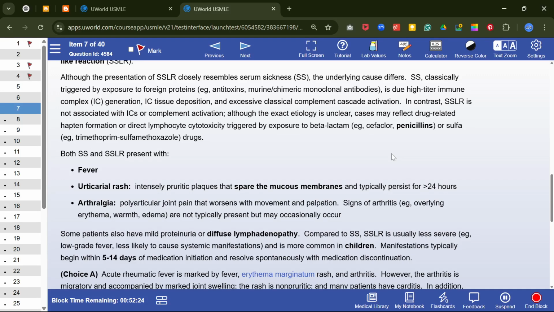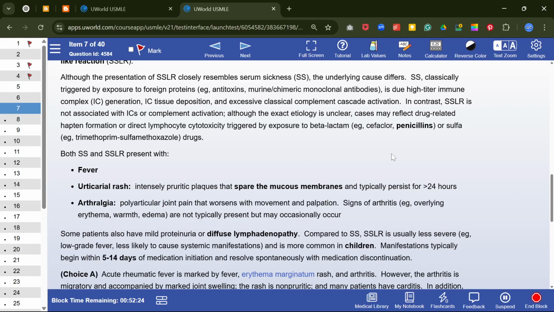Signs of arthritis, overlying erythema, and warm edema are not typically present but may occasionally occur. Some patients may have mild proteinuria or diffuse lymphadenopathy.